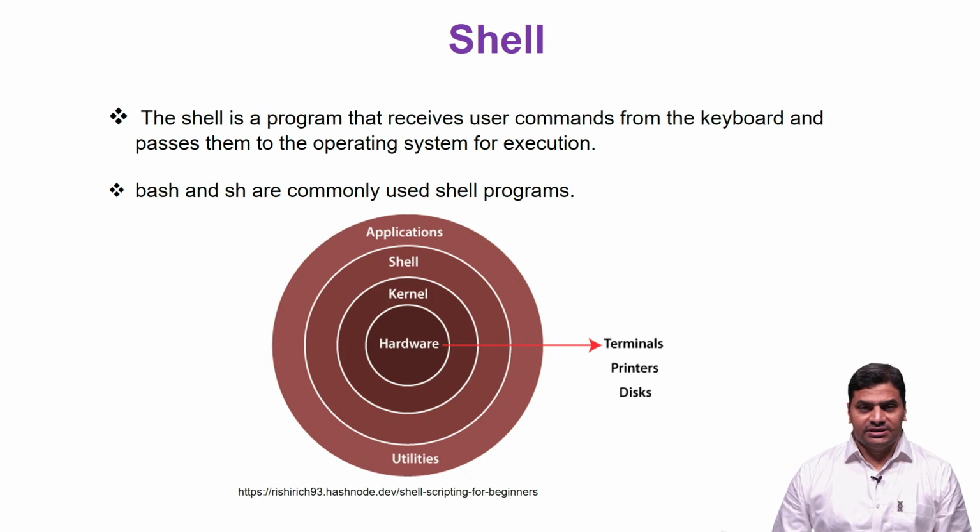You will find either the bash or sh shell, and the hierarchical location of the shell is explained here. The shell gives instructions through the kernel to the hardware to perform a particular task.